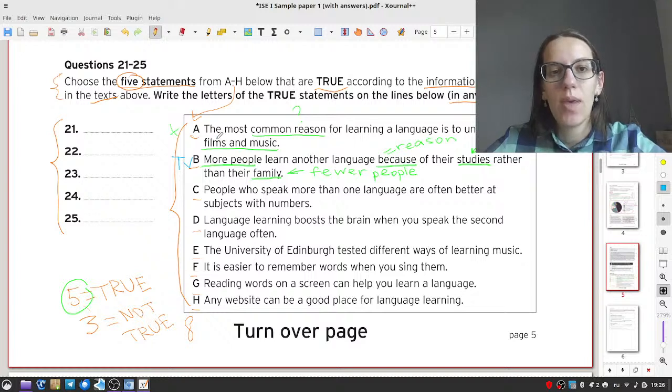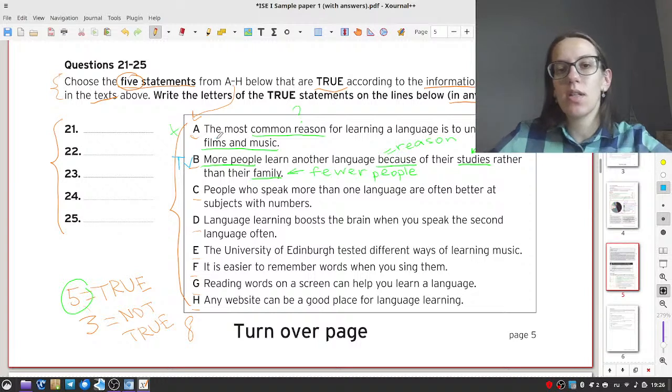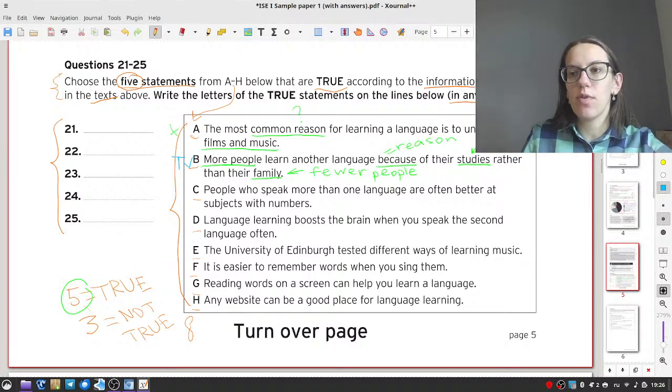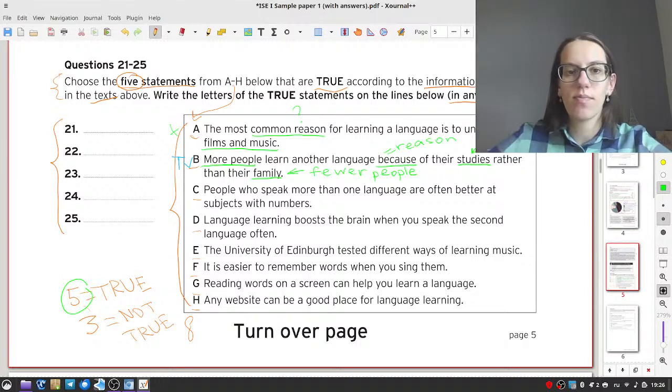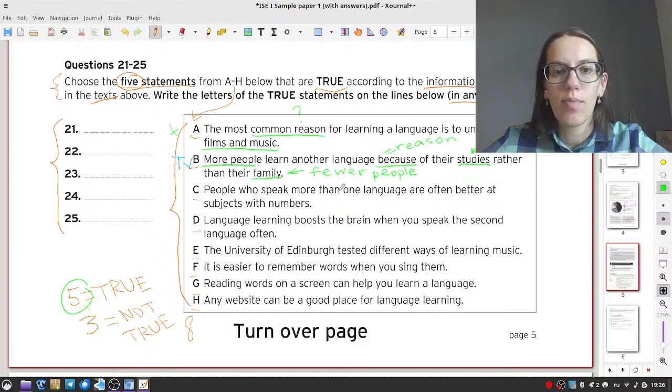C. People who speak more than one language are often better at subjects with numbers. First of all, we need to decide where we can find this information and what the key words are. So, more than one language, at least 2 languages. Better at subjects with numbers. So what does it mean, subjects with numbers? Well, where do we use numbers?